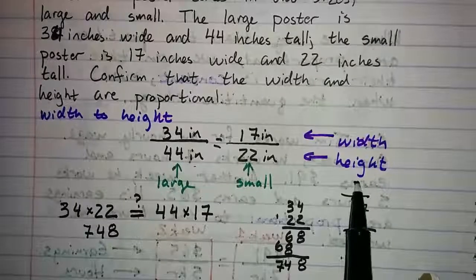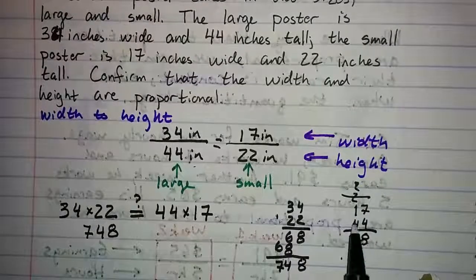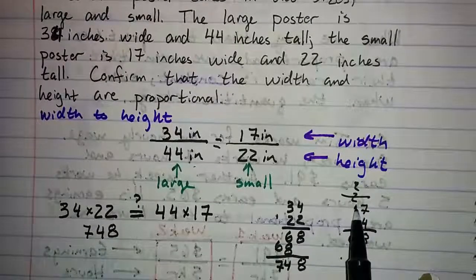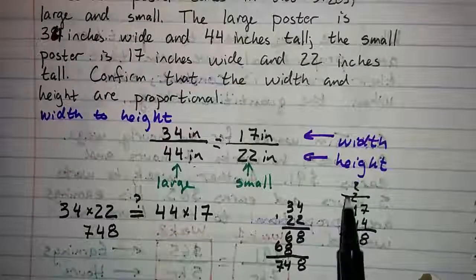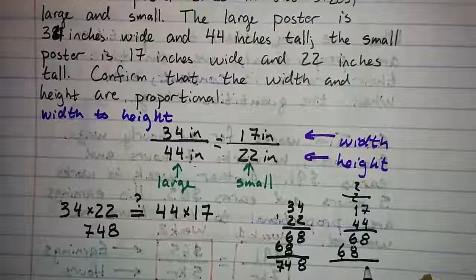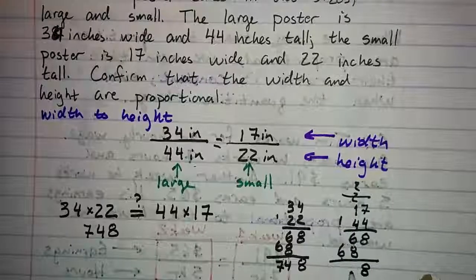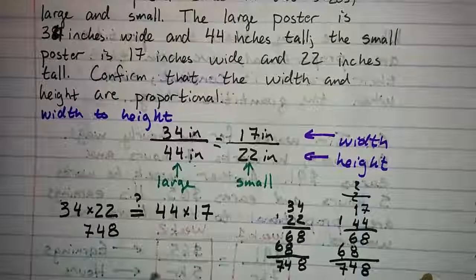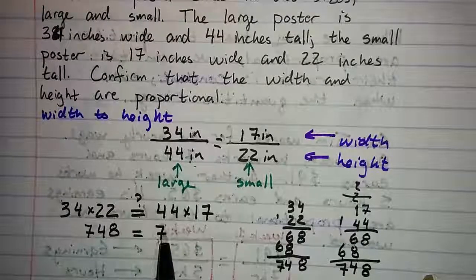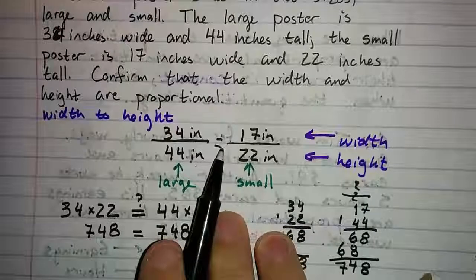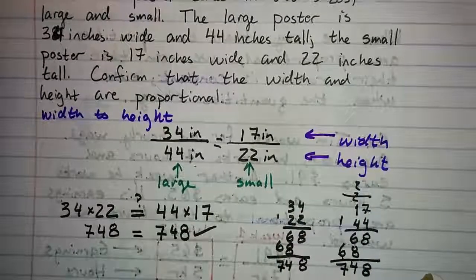Then 8, 14, 7. Yes, 748. And so the width and height are proportional.